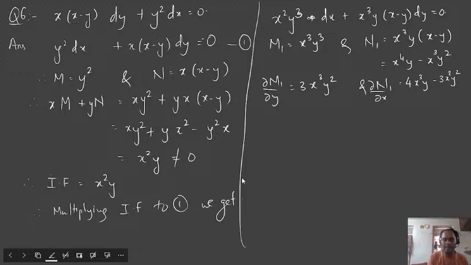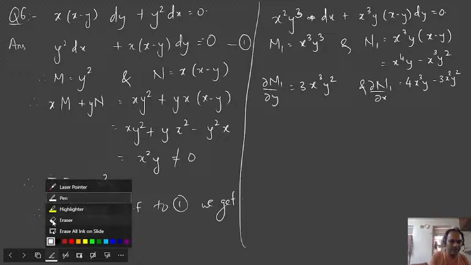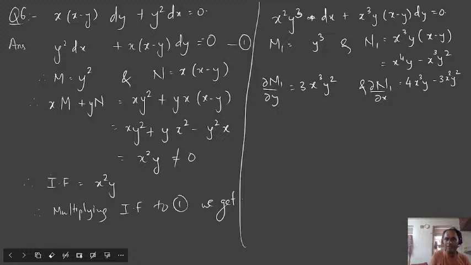I have written a mistake here, I guess. In the multiplication this has gone wrong. So x cube y, so x raised to 4 y.